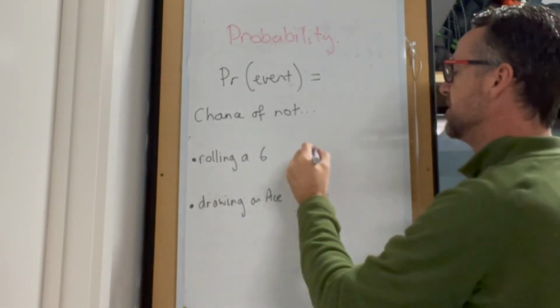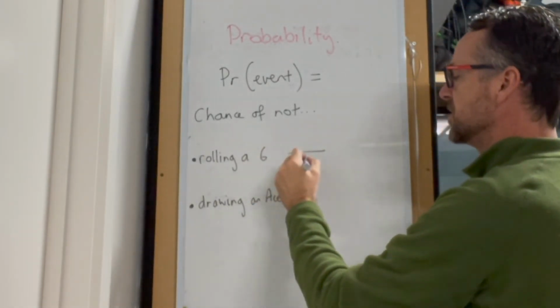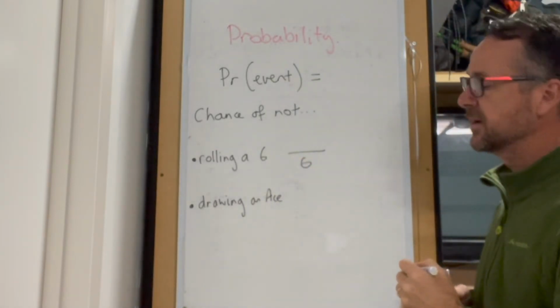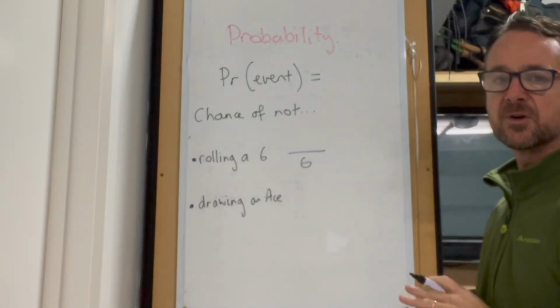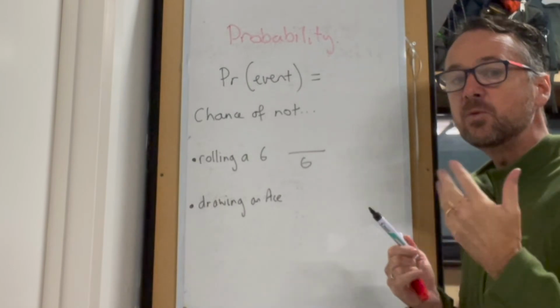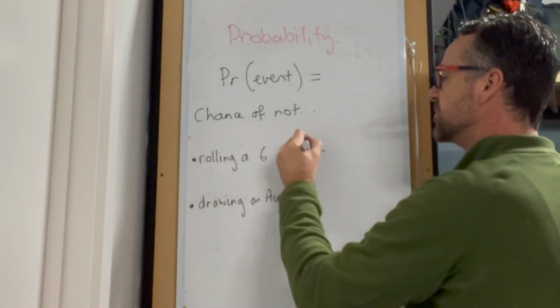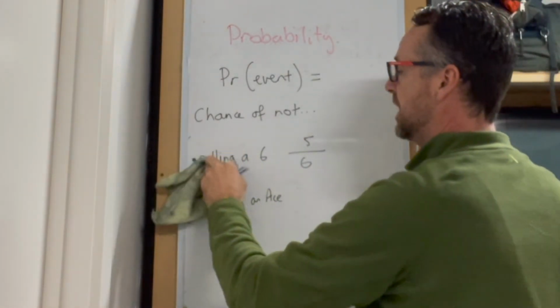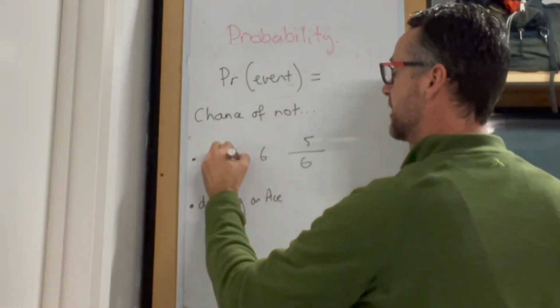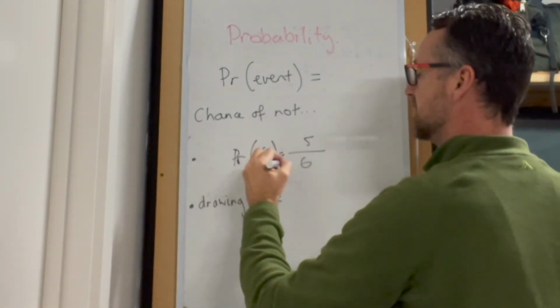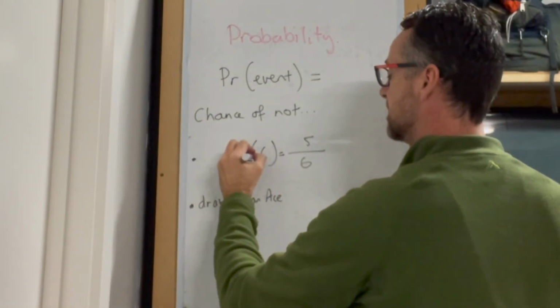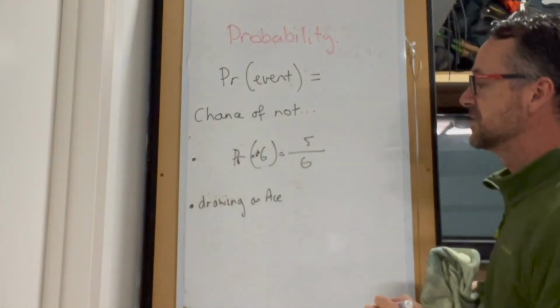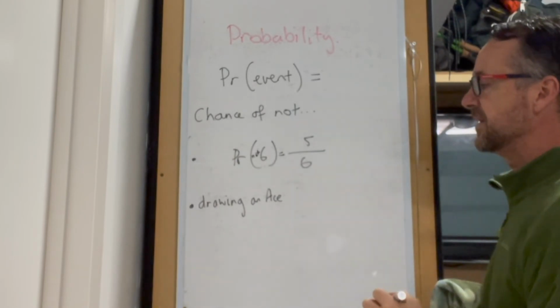Out of the dice, there's 6 options, and of those 6 numbers, only one of them is a 6, so there's 5 options that are not. So then the PR of not 6 is 5 out of 6.